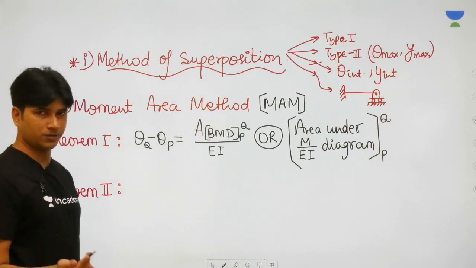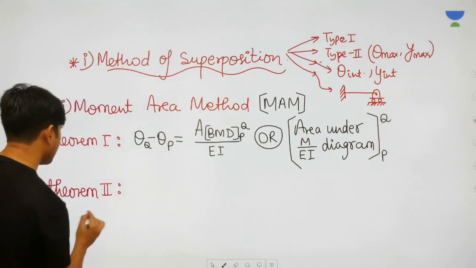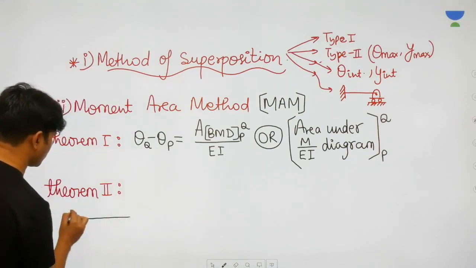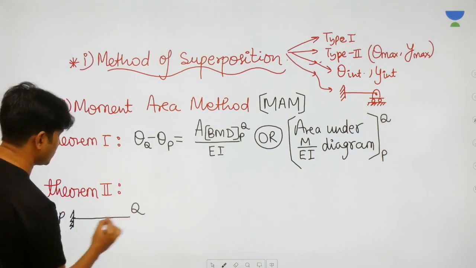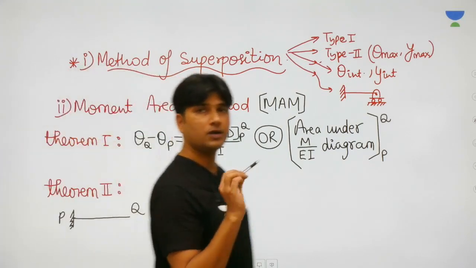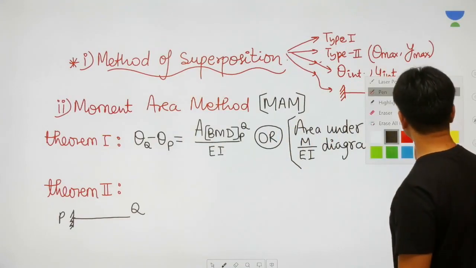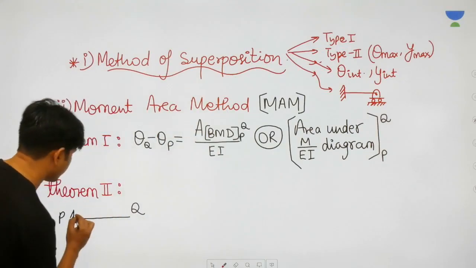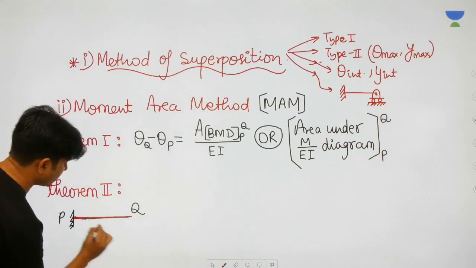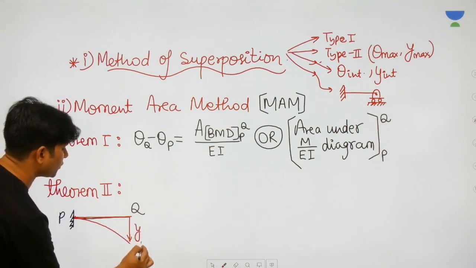Now, what is the second theorem? The second theorem says that if you have a point of zero slope available on the beam, then with respect to the tangent at that point of zero slope, the deflection at any other point can be found.